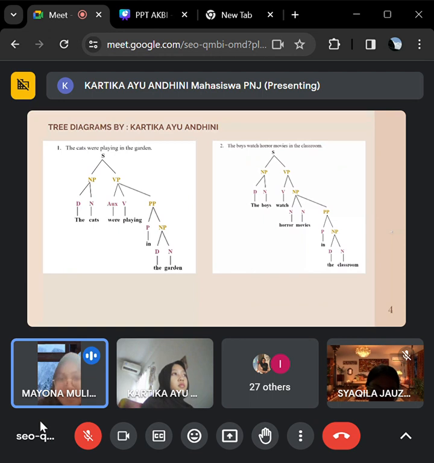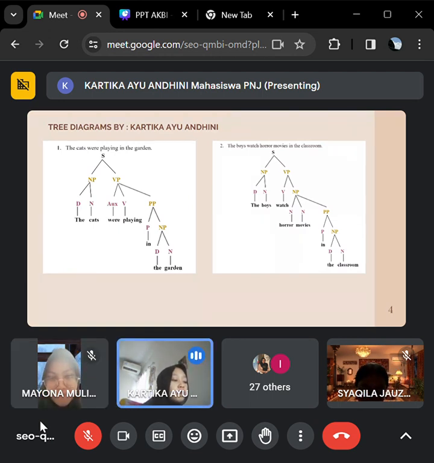Thank you. Next, analysis by Kartika. Cats were playing in the garden is divided into two phrases. They are noun phrase and verb phrase. In the noun phrase, there are determiner and noun. The determiner is the, and the noun is cats.